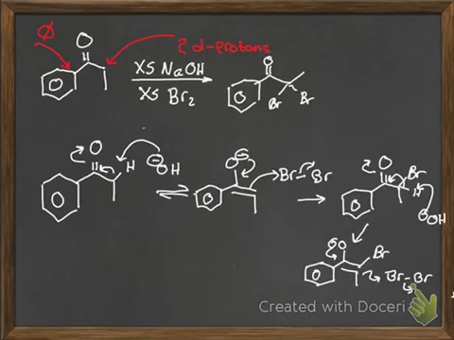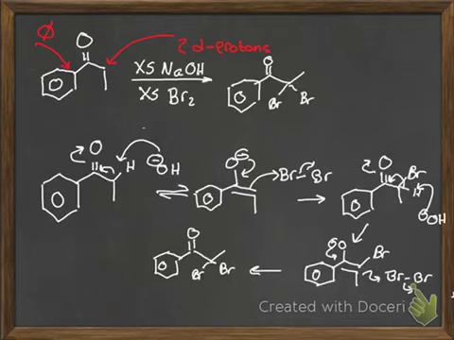And what we wind up with is called perbromination. What that means is every site that can be brominated is brominated.